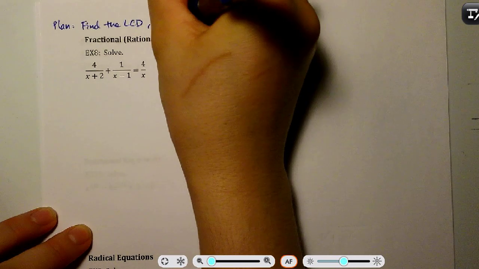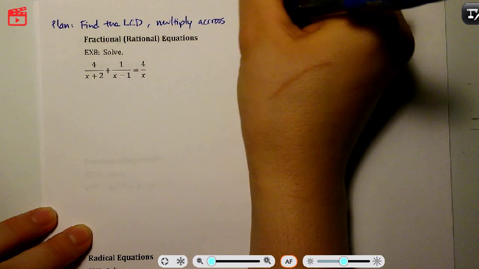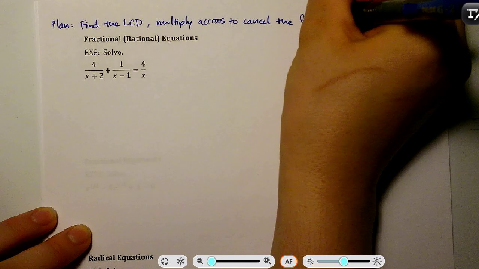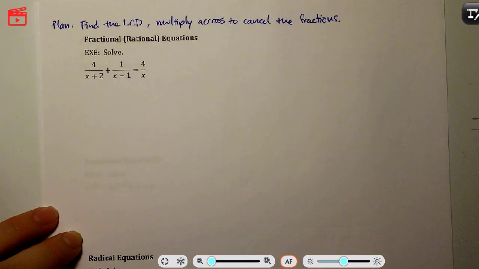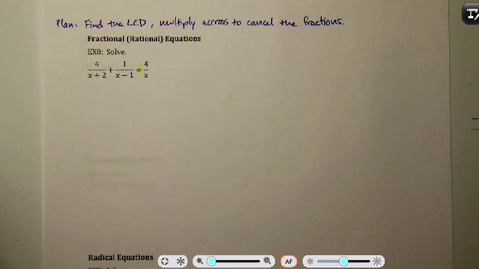Then multiply across to cancel the fractions. Okay, notice we can use this fancy way of canceling the fractions because of one really important thing, the equal sign. If this was just an expression, you cannot cancel the fractions. But we can do it because it's an equation.